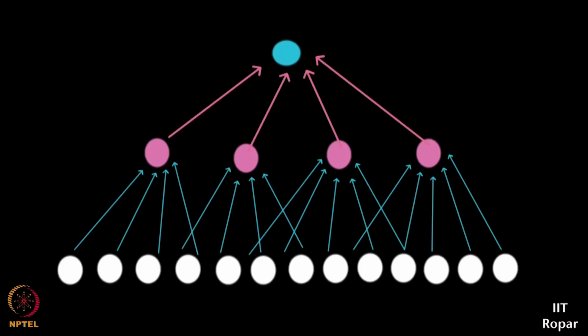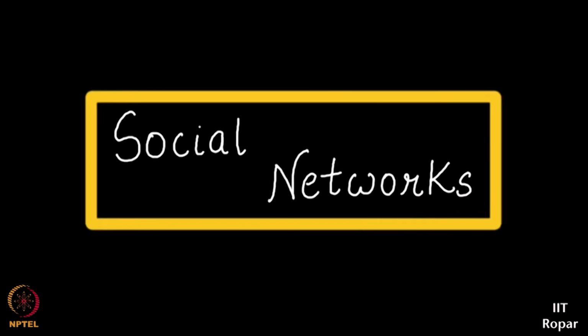Correct? So, we are just giving you a very toned down version of PageRank because it's a first course in programming. We don't want to bother you with a lot of details. But if you're interested, you can take a look at our course on NPTEL called the Social Networks course. There, we describe in detail, one entire week we discuss on how PageRank works.